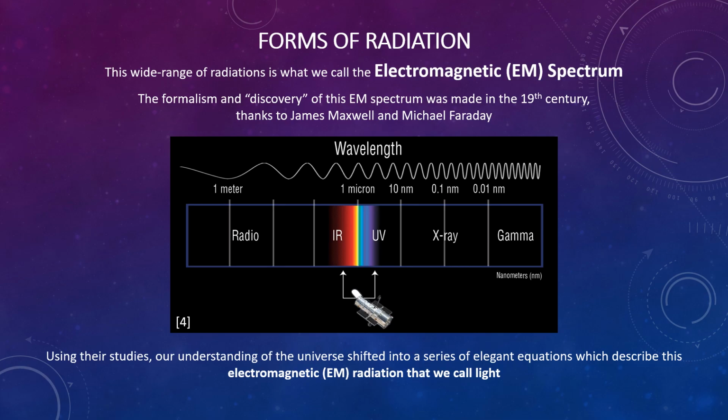Maxwell did so much work with electromagnetism that the main equations used in high-level electromagnetism are called the Maxwell equations. So using their studies, our understanding of the universe shifted from a series of elegant equations into this electromagnetic spectrum that we call light. Suddenly, what we thought was a lot of different phenomena were actually one, unified under this theory of electromagnetic radiation.